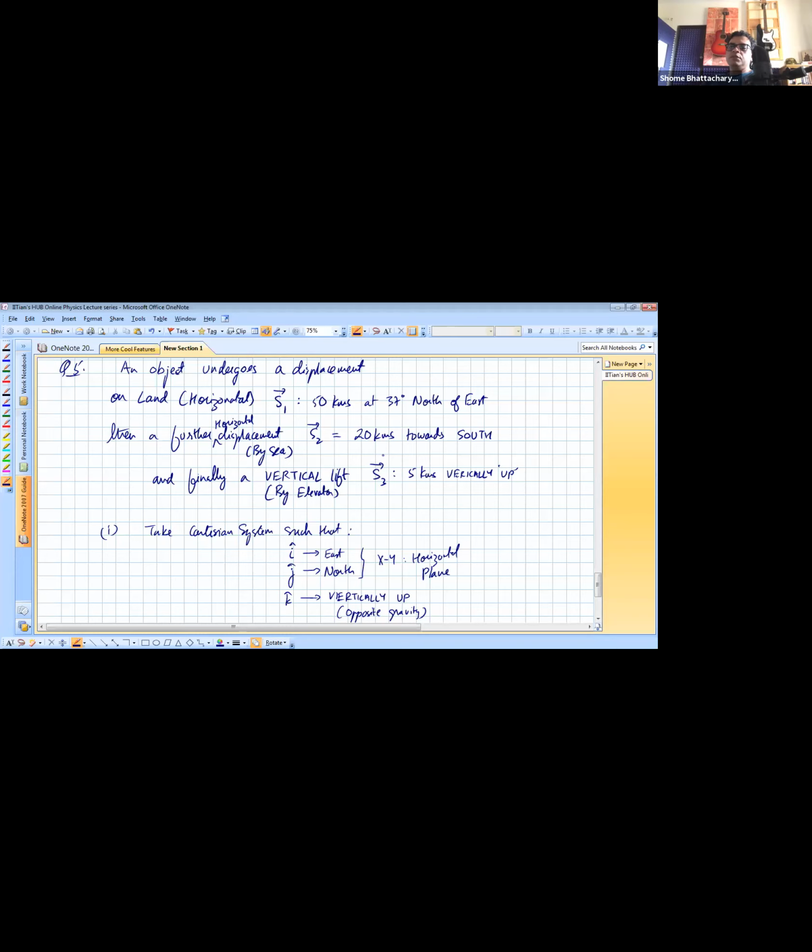Yes, S3 is 5 kilometers vertically up. So it will be 5K cap. Correct, Harpriya, your answer is correct for the first part. S1.